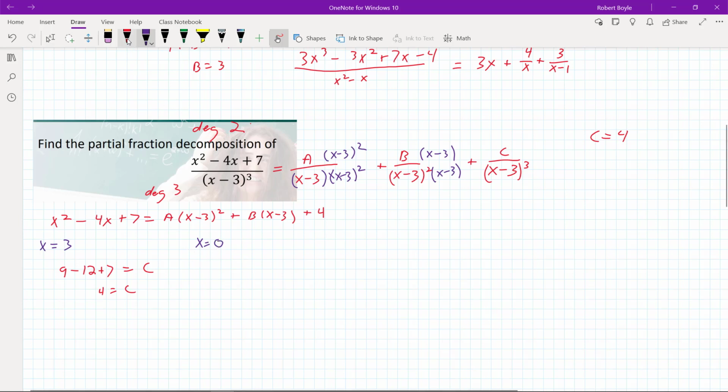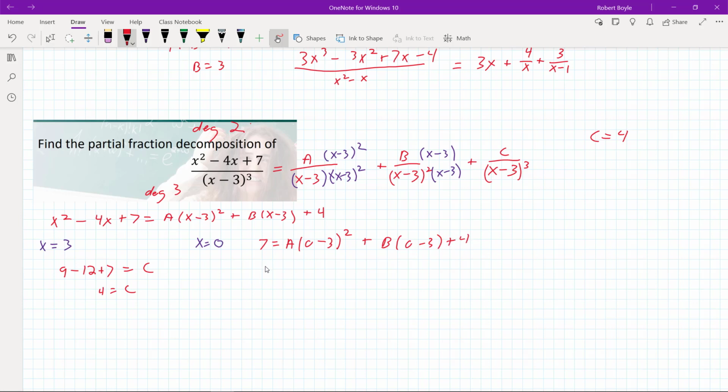And if we do, on the left-hand side, we're going to have 0 minus 0 plus 7. So we will have 7, and that is going to be equal to a times 0 minus 3 squared plus b times 0 minus 3 plus 4.